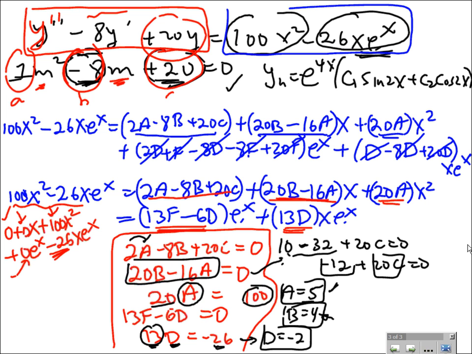If you add two numbers and you get 0, then the numbers must be opposite signs. They're additive inverses. If this is negative 12, well then that must be positive 12. 20c is 12. Divide by 20, that's c. But of course, 4 goes into both of these numbers. So I conclude that c is 3/5.